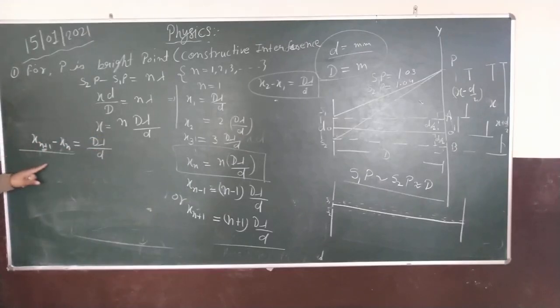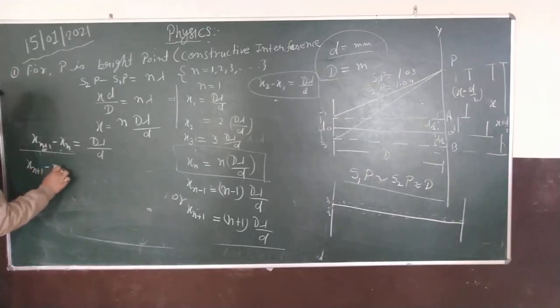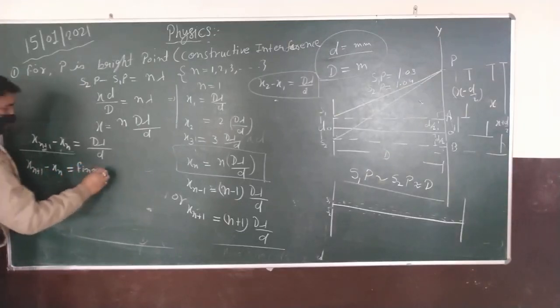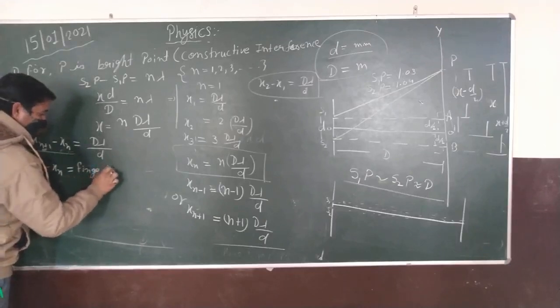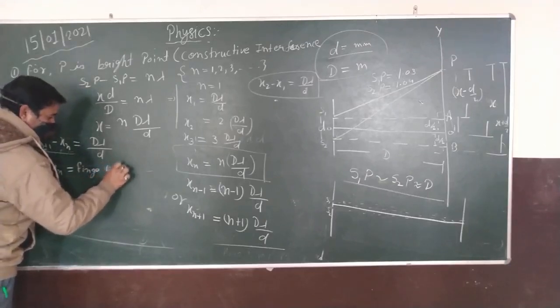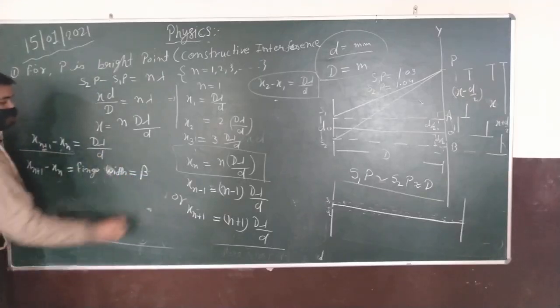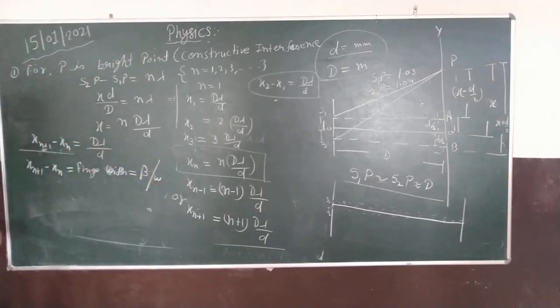This difference is called fringe width, denoted by beta or small w.